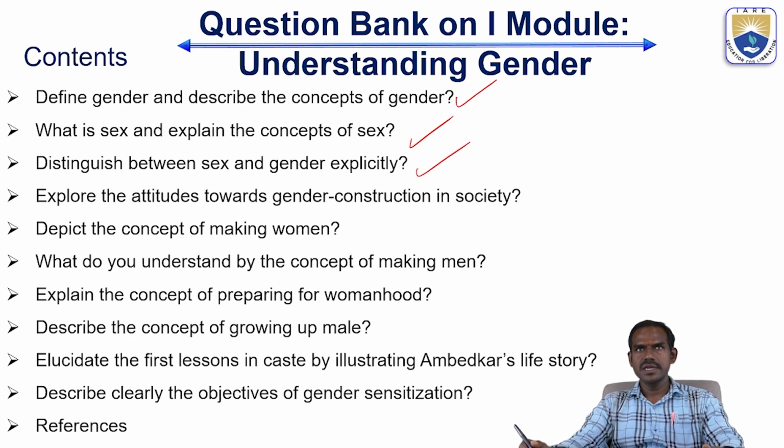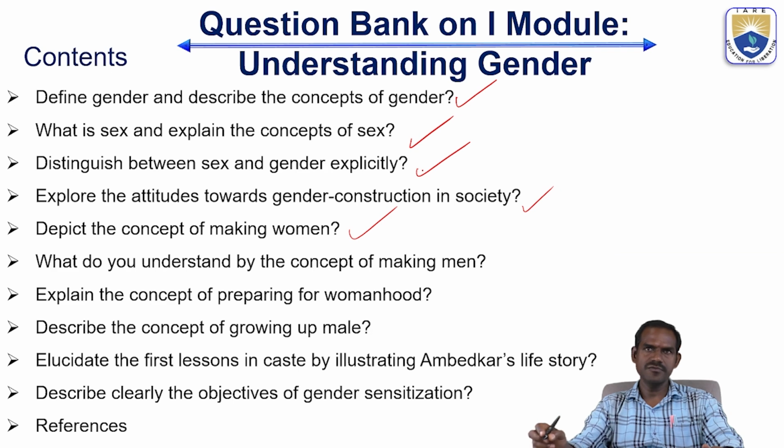Fourth question, explore the attitudes towards gender construction in society. Fifth question, depict the concept of making woman. Sixth question, what do you understand by the concept of making men?